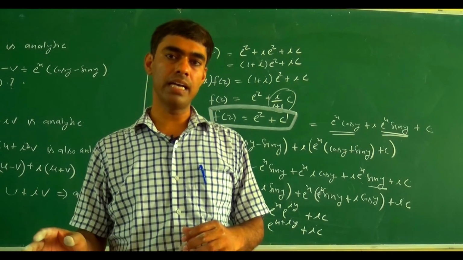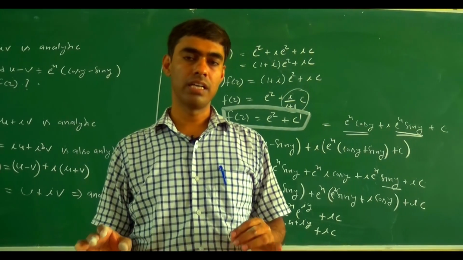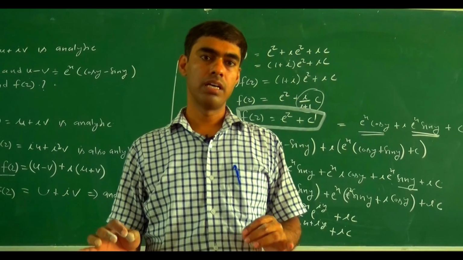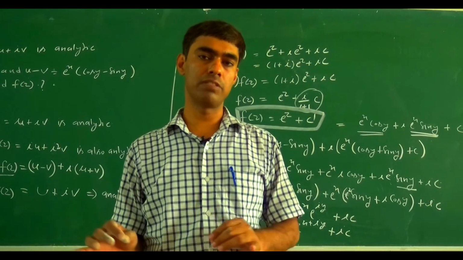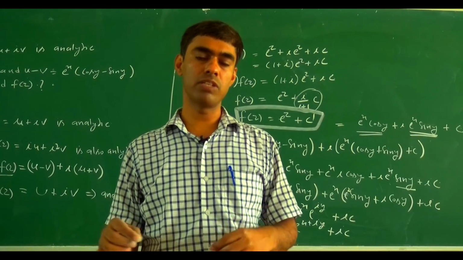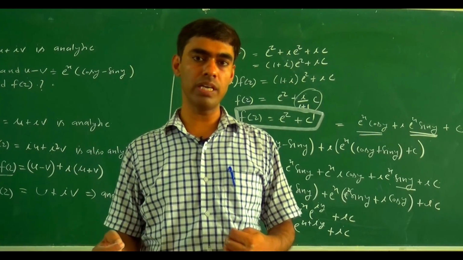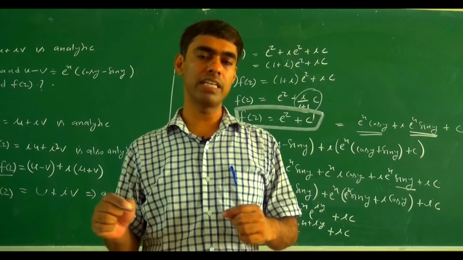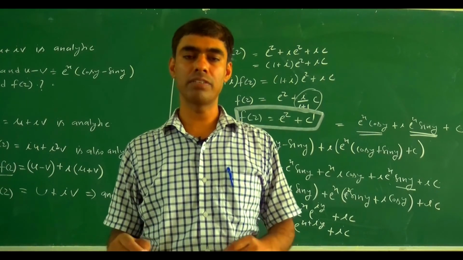So by adding fz and i fz, we are able to find an expression capital Fz equals u minus v plus i times u plus v, and we denote 1 plus i fz equals capital Fz, u minus v equals capital U, and u plus v equals capital V, and capital Fz equals capital U plus iV now becomes an analytic function.